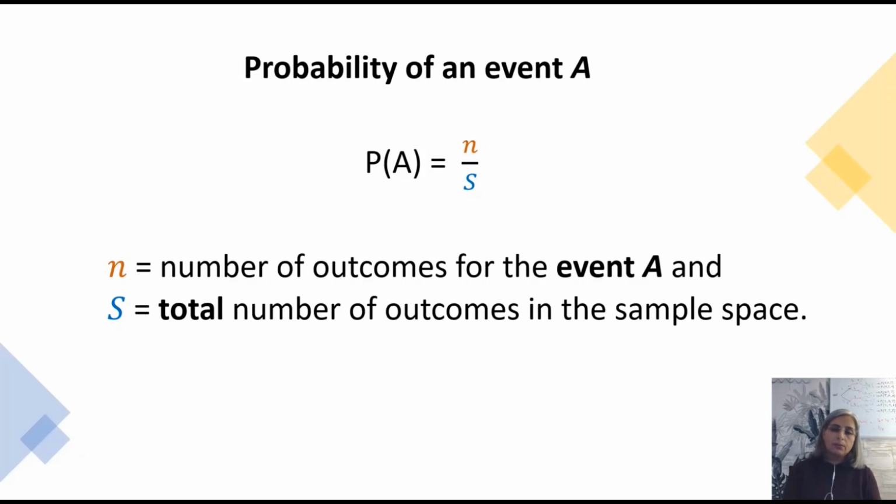Just like in the previous example, our event A was obtaining a 4 when a dice is thrown in the air, which means that n would be the number of outcomes where 4 can appear when you roll the dice once, and 4 can appear only once, so n was 1. And s was the total number of outcomes that can appear if you throw the dice, and there were 6 outcomes. So the probability of getting a 4 was 1 by 6, which is n on s.